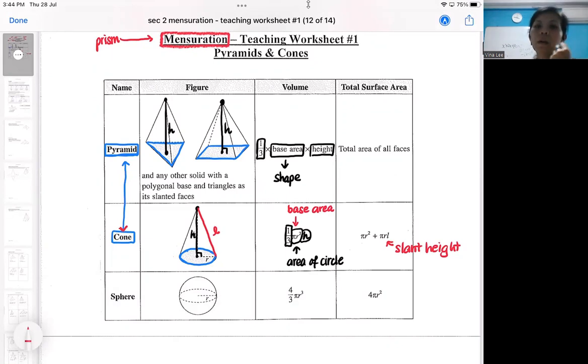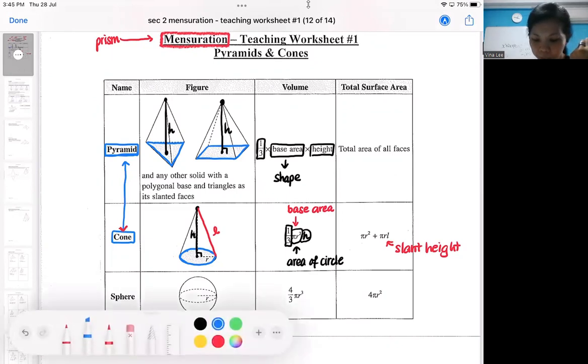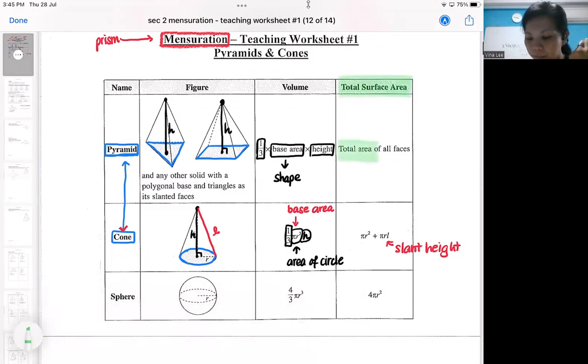Okay, so for the surface area, there is no formula if you realize. You have to add up all the pieces. To add up all the pieces, you got to visualize how many pieces there are.